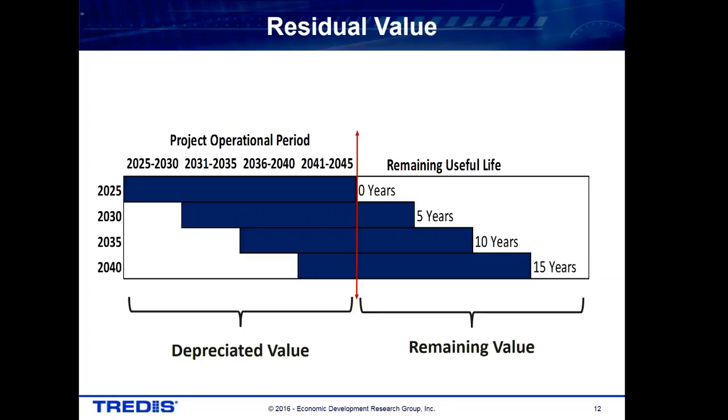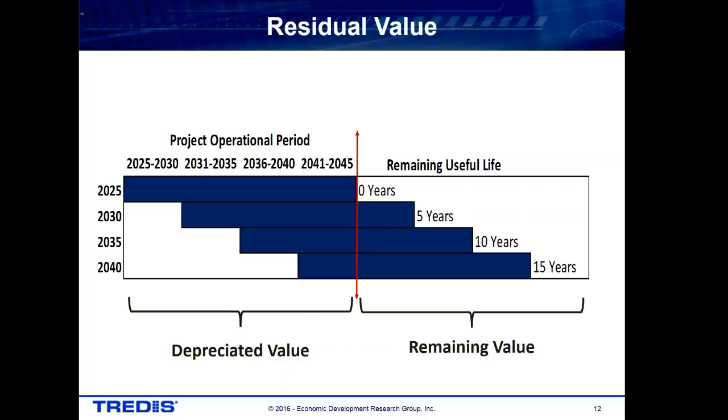When evaluating a preservation program, annual investments during the latter part of the operational period use up only a small part of their useful life and are still considered to have value, as illustrated in this example. If investments are made in the years 2030, 2035, or 2040, towards the latter part of this operational period analysis, they will still have 15, 10, or 5 years of useful life remaining.